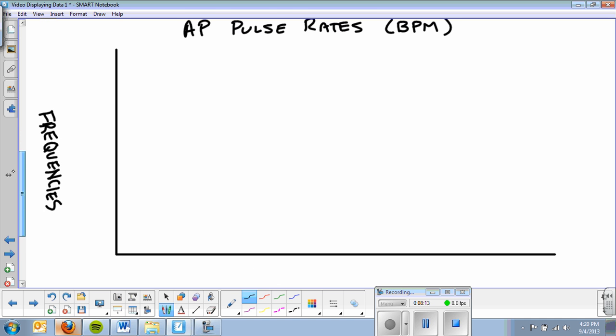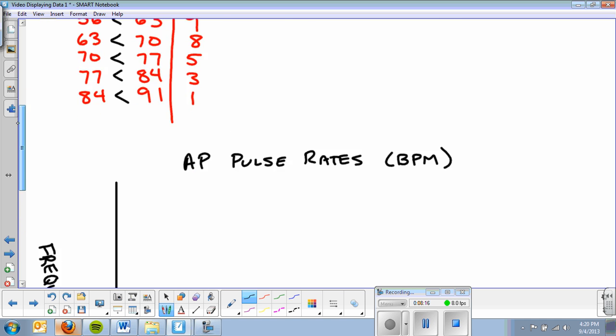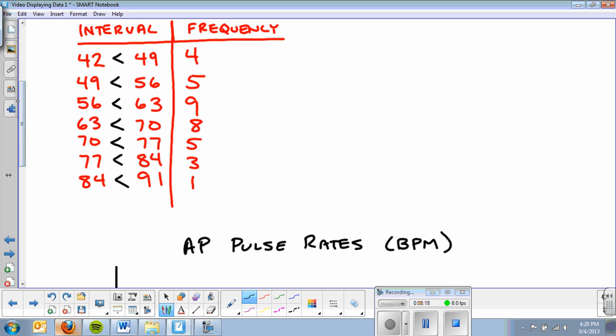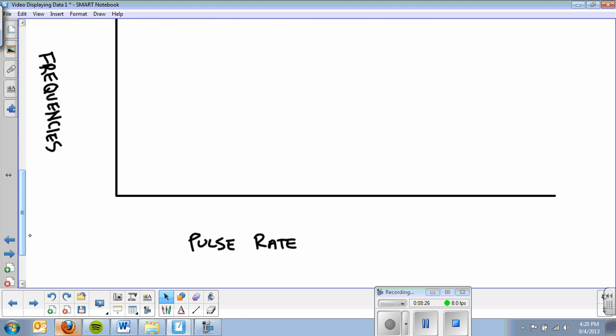Now, I'm going to use my intervals to create my bars. Each one of these numbers here is going to be a bar. So, I start off with what's called a break because my numbers don't start at 0. So I'm going to put my little dashes.